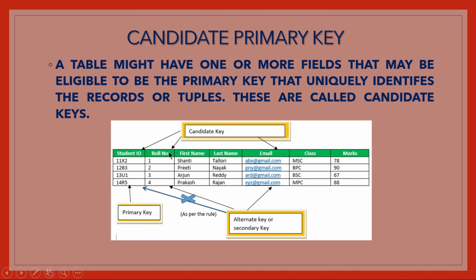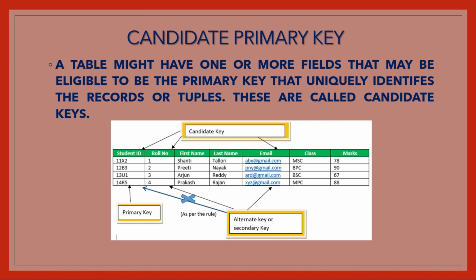Now out of these three candidate keys, we have chosen student ID as the primary key. The other two fields we have not considered as a primary key, so these two keys will be called alternate key or secondary key. Understood?